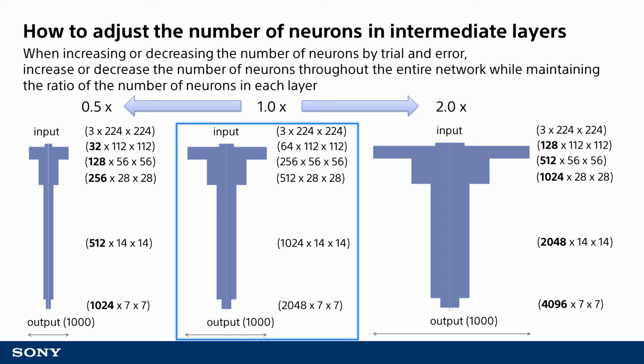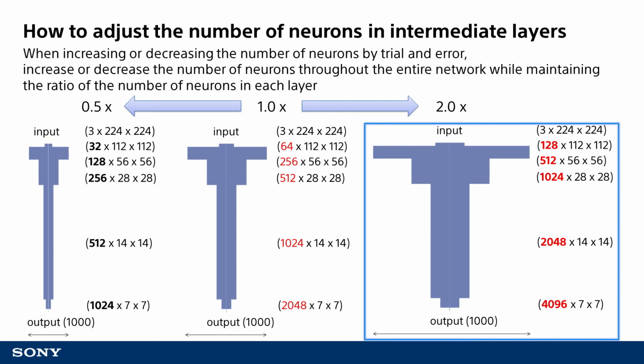For example, if you know that this neural network at the center has been optimized to a certain degree, in order to apply it to more data samples, you will need to increase the neurons in each layer by the same ratio. In the case of a convolutional neural network, it will be the number of images.